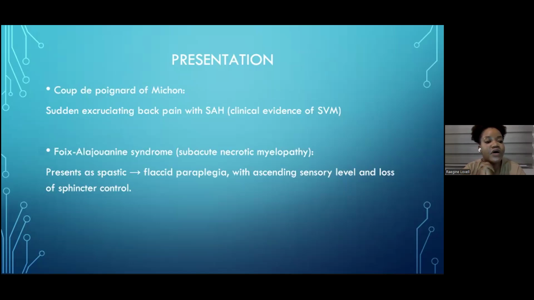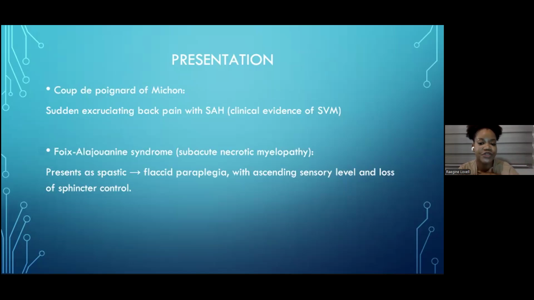And then 4, Foix-Alajouanine syndrome, also known as subacute necrotic myelopathy, which presents as spastic progressing to flaccid paraplegia with ascending sensory level and loss of sphincter control.